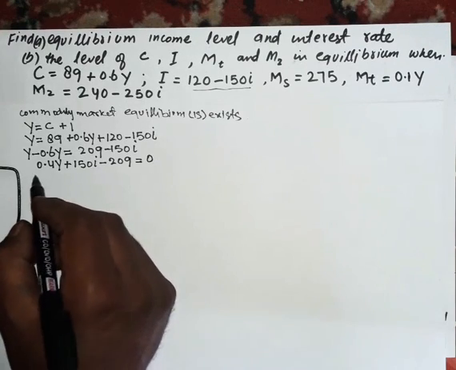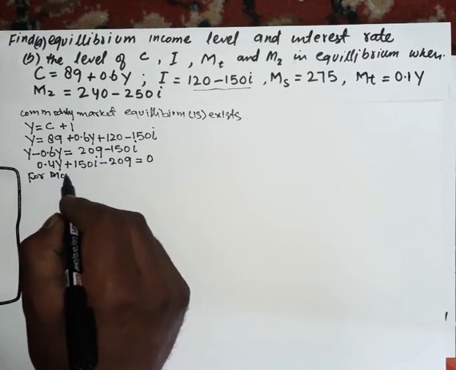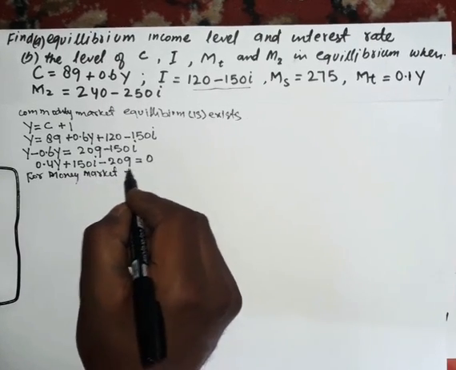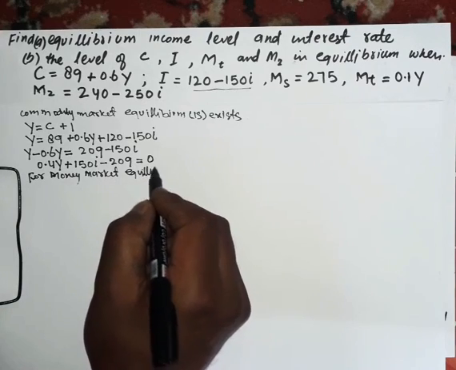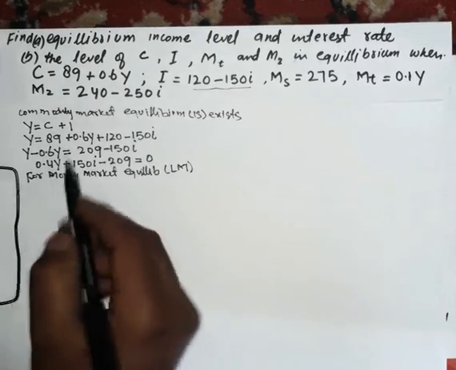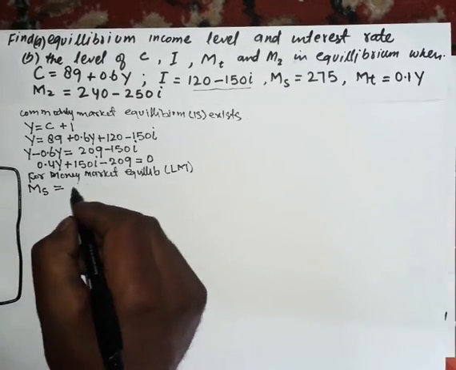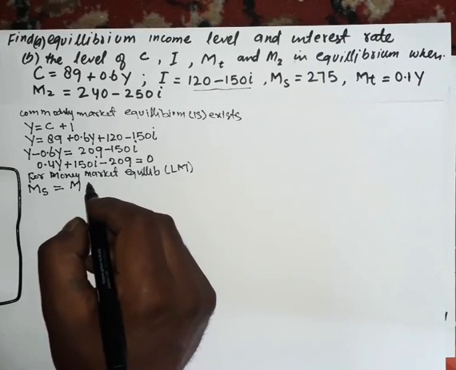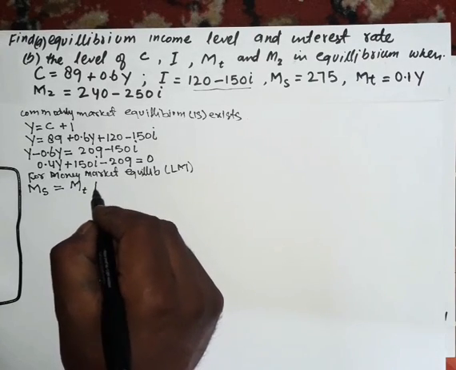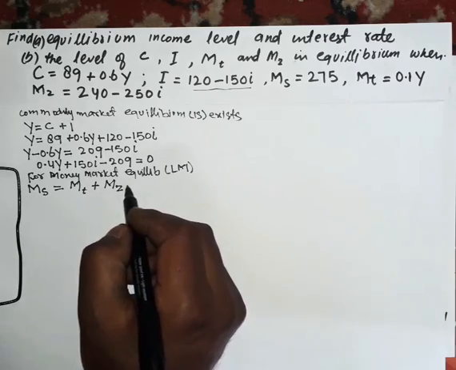Also for money market equilibrium, LM, it is in equilibrium when total money supply is equal to the demand for money, that is transactionary demand plus precautionary demand for money, plus MZ, which denotes the speculative demand for money.